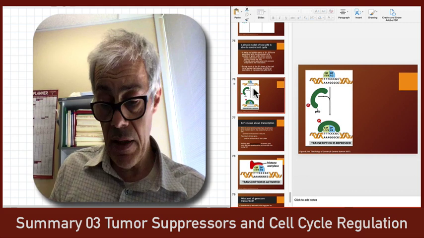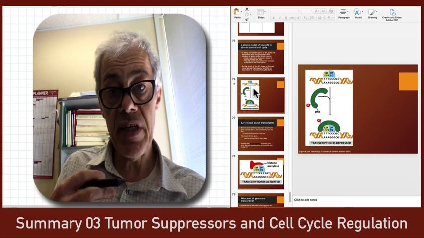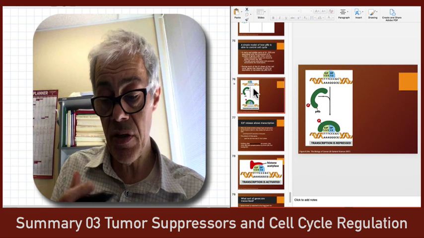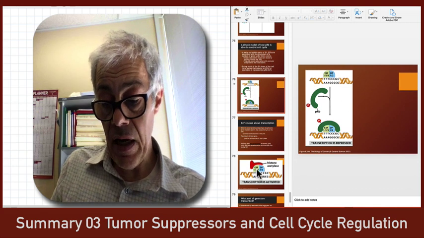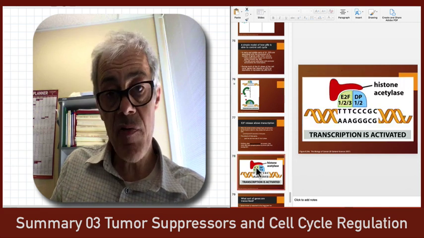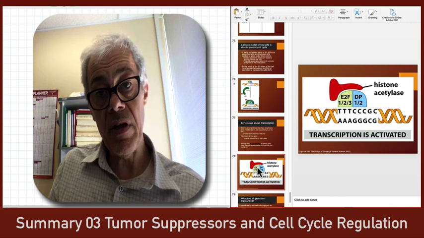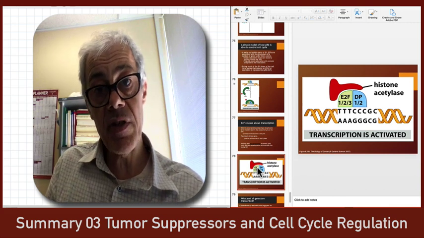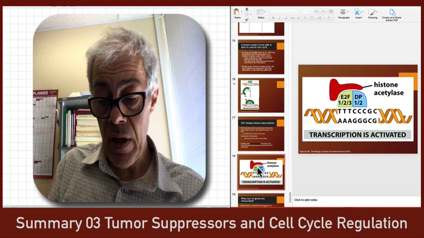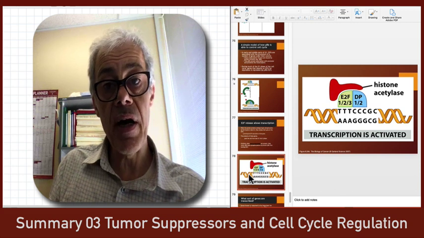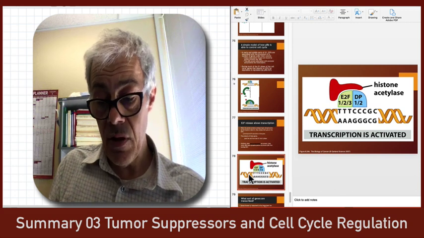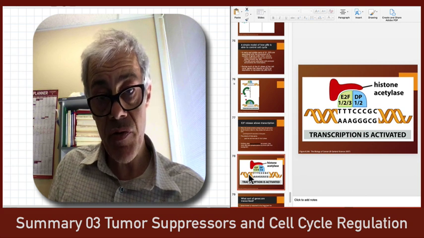retinoblastoma can tether a histone deacetylase to affect gene expression, and the E2F protein that retinoblastoma is also controlling, in the absence of retinoblastoma, the E2F can bind a histone acetyltransferase.